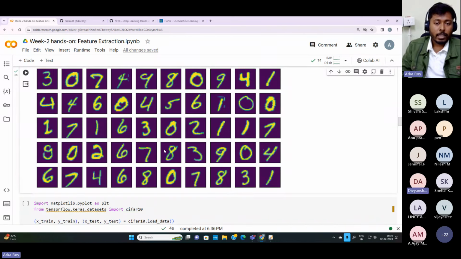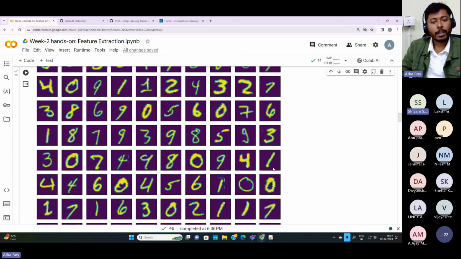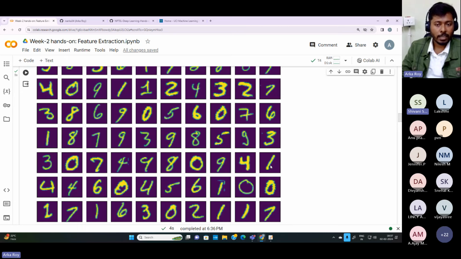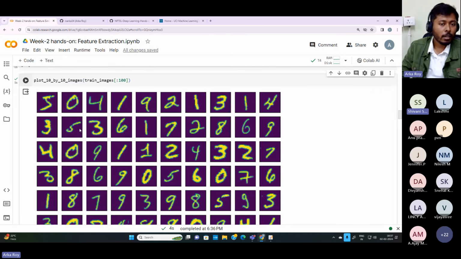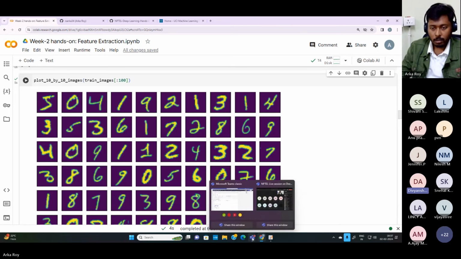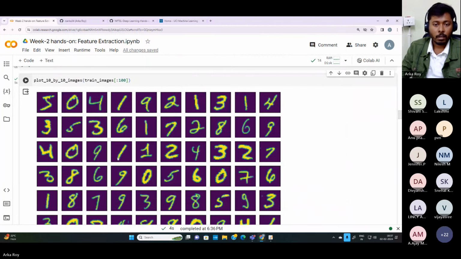Okay, so as far as MNIST is concerned, in the visualization of the MNIST dataset, we have seen how the data looks. You can see that a lot of heterogeneity is present in this particular dataset. Why heterogeneity? For example, this is one.